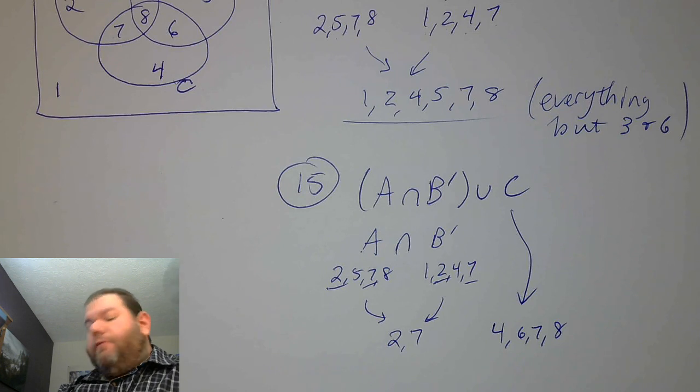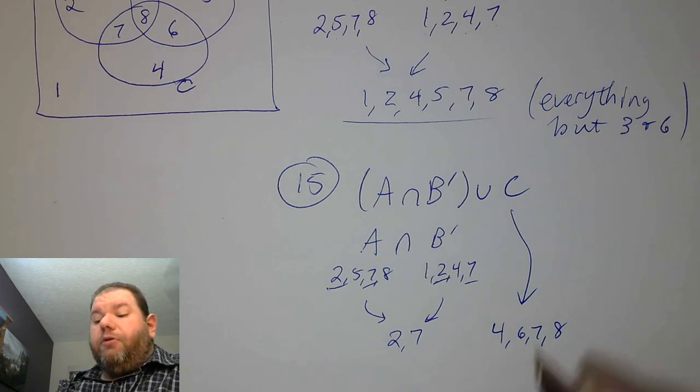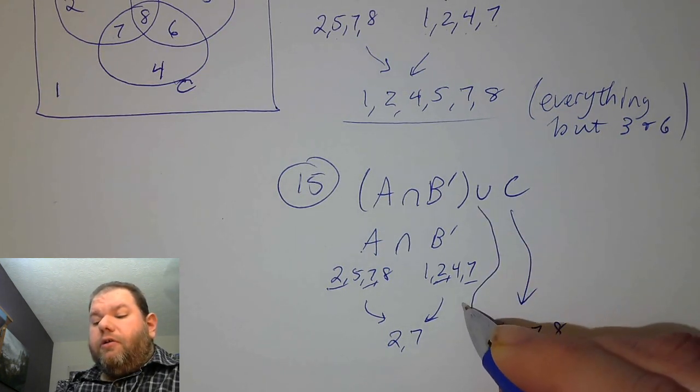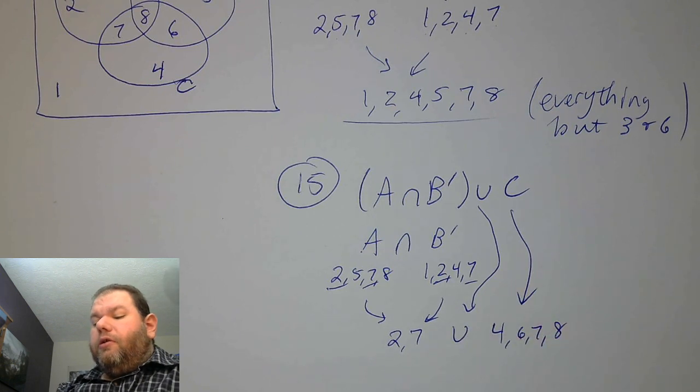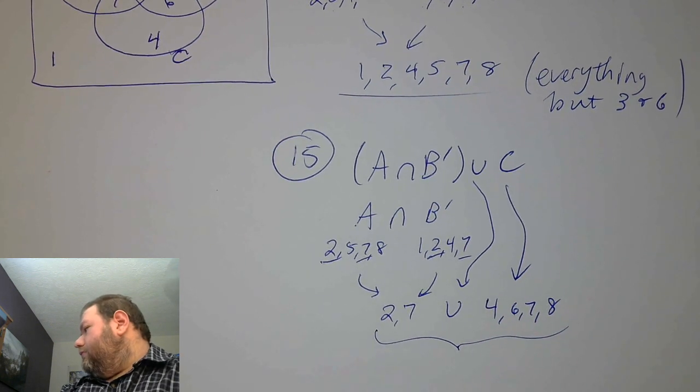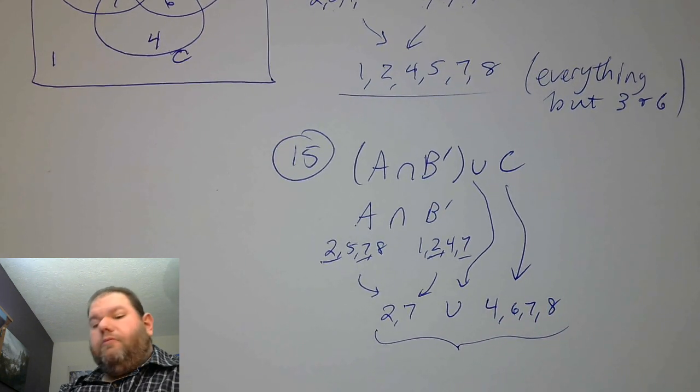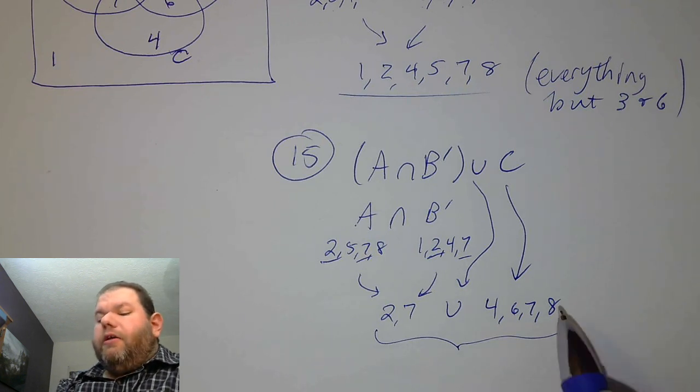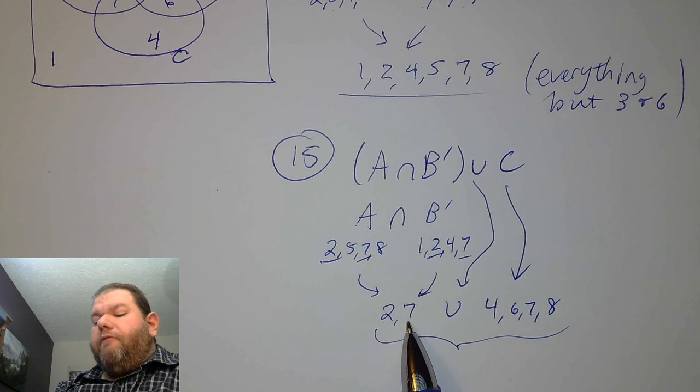And so if we want to put those together, and we want to find a union, what would that give us? 2, 4, 6, 7, and 8. Yeah, we have a 2 and a 7 here, and we add the 4, 6, 7, and 8 here.